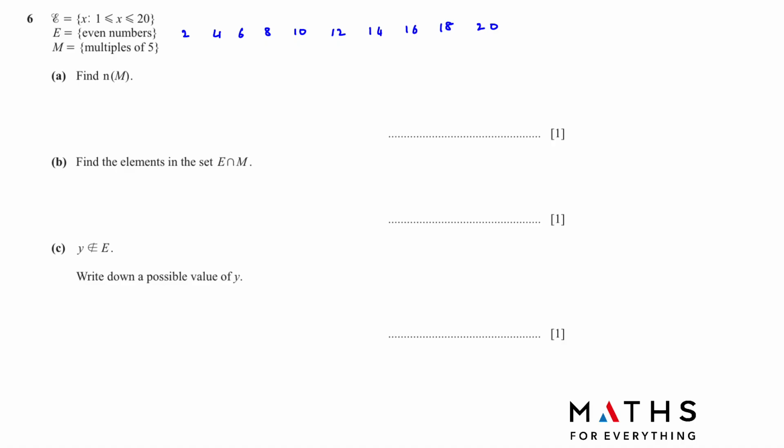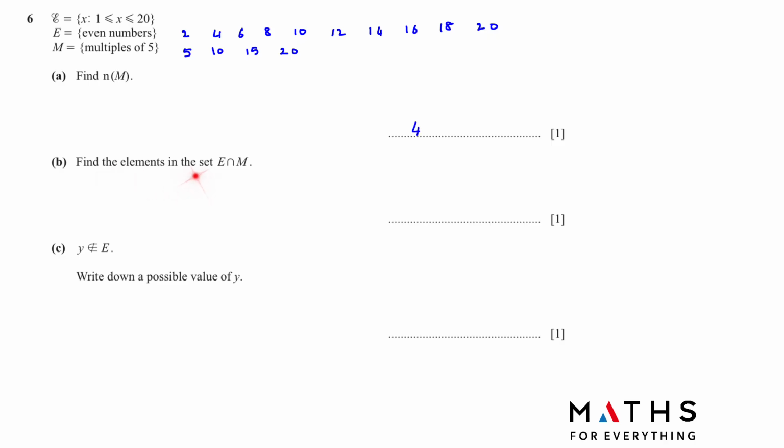Multiples of 5 are 5 times 1, 5 times 2, 5 times 3, 5 times 4. Find n of M. That means the number of elements in the set M. It is 4.